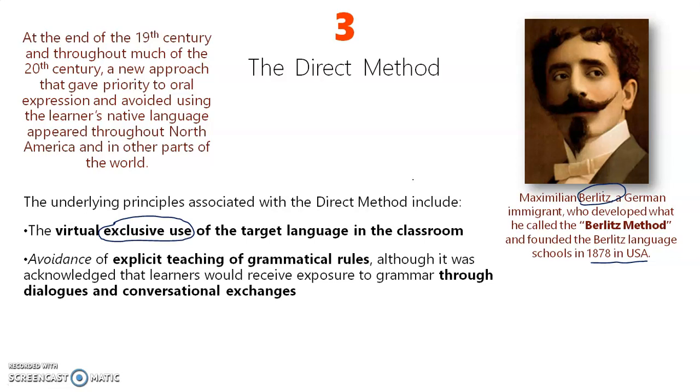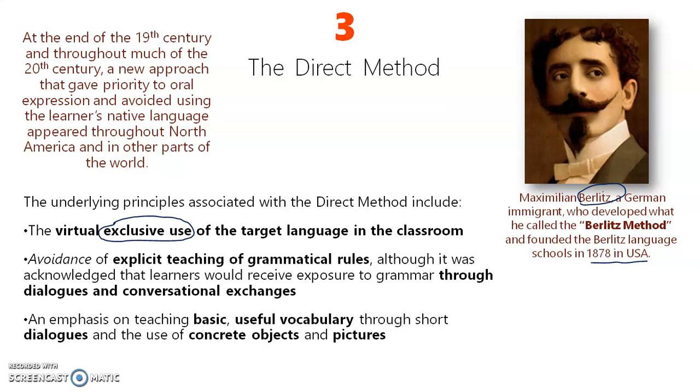And also, opposite to the ones before, it avoided explicit direct teaching of grammatical rules, and grammar should be taught through dialogues and conversations. And finally, only useful basic vocabulary was taught through concrete objects and pictures, etc.